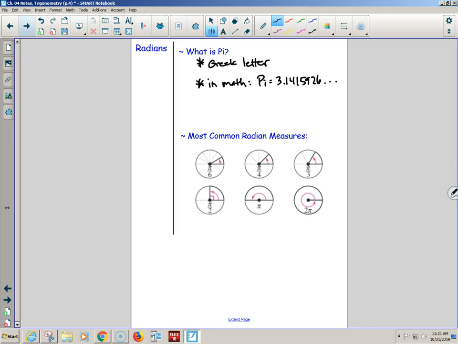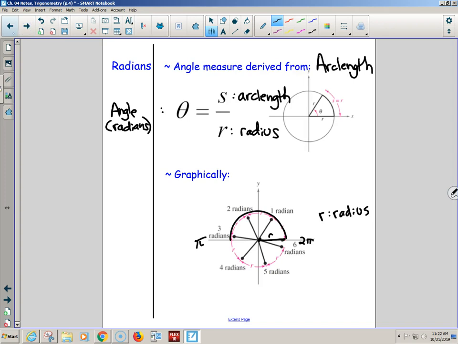Pi goes to infinity, just like infinity. I was about to say that. I don't want to show this equation. That makes no sense.